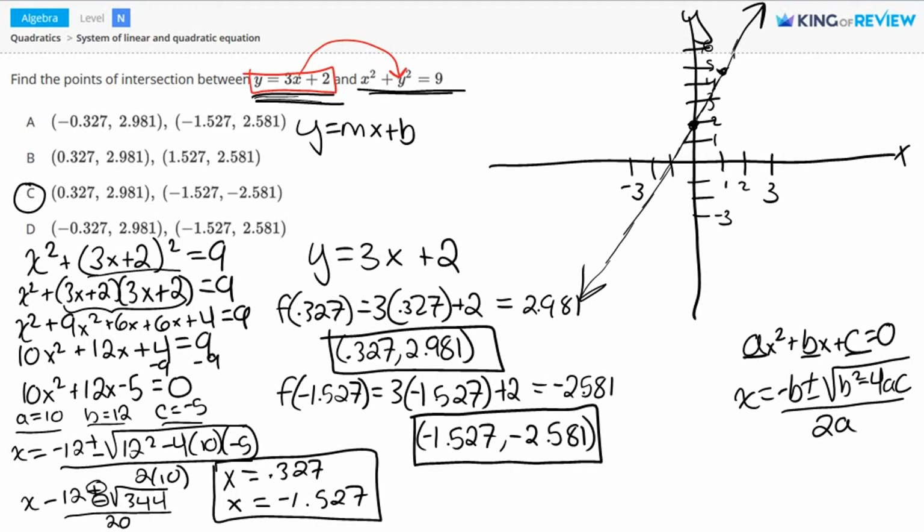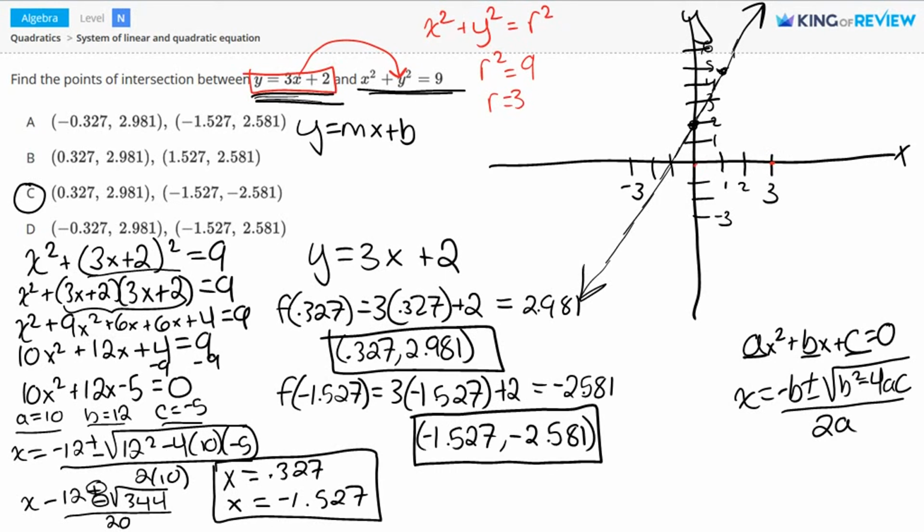And now let's look at the second equation. The second equation is x squared plus y squared equals 9. We know that this is a circle because it's in the form x squared plus y squared equals r squared, where r is the radius. So if r squared is equal to 9, we know that the radius is 3. So we have a circle who has a center in the origin, which is right here, and a radius of 3.